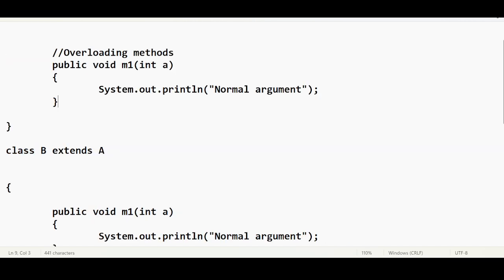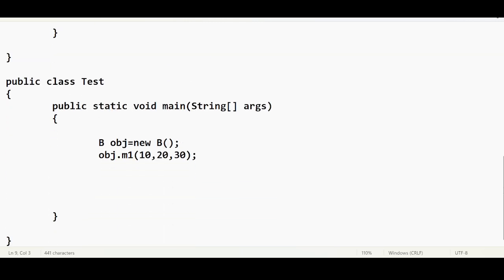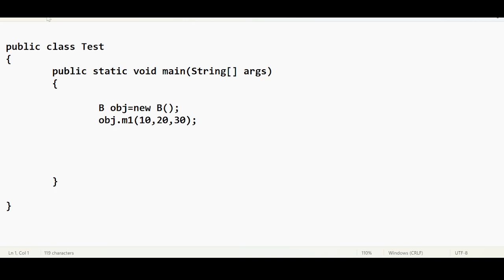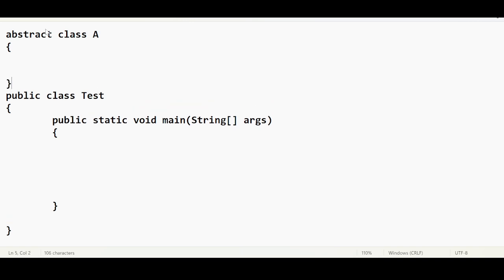Let us take a small example. I can take an abstract class A. I have a test class. This test class is a concrete class, or you can also call it the main class. You can call it a Java class.